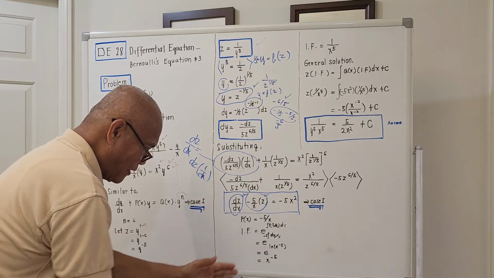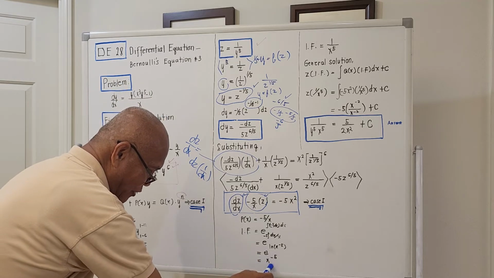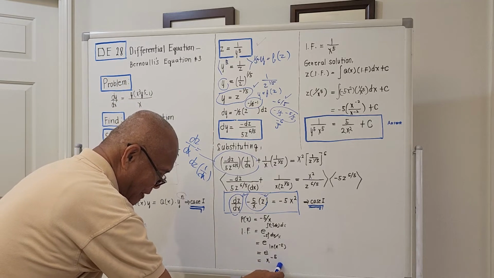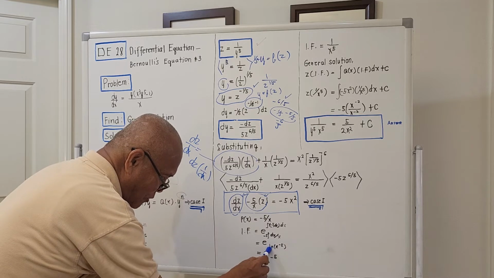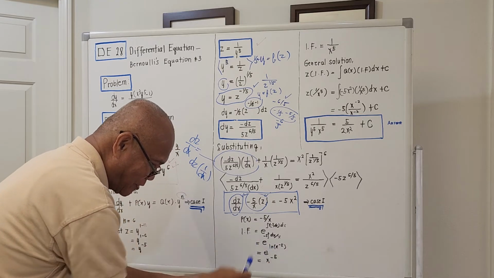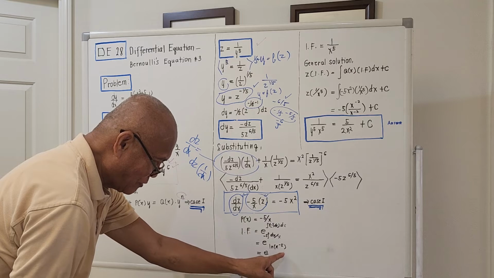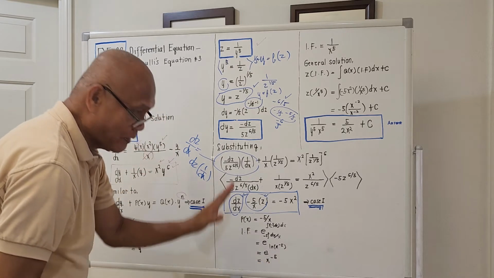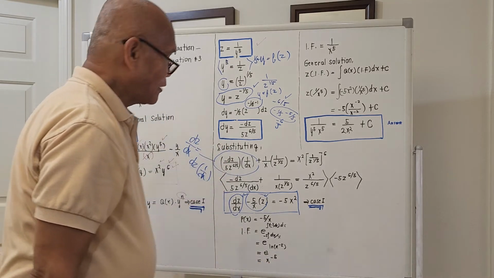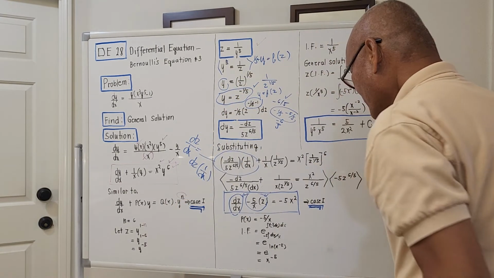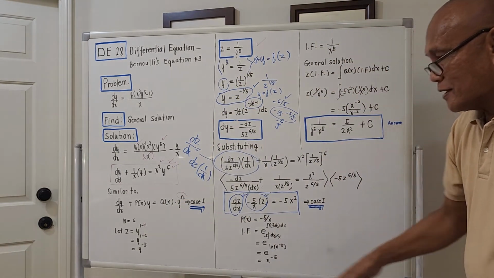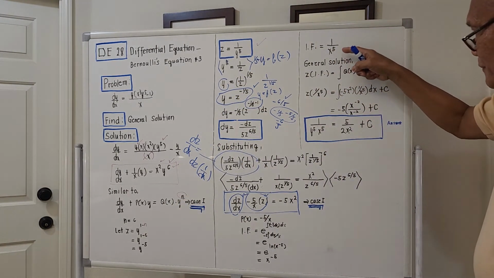If we try to simplify this one, it will become e raised to negative 5 natural log x. So if we try to take the antilog, what will come out will just be x to the negative 5. So the required integrating factor for the solution is, I will eliminate the negative sign, 1 over x to the 5.